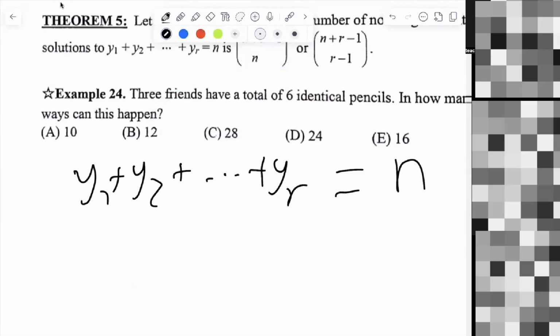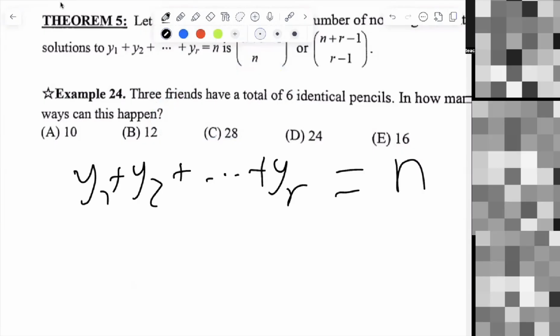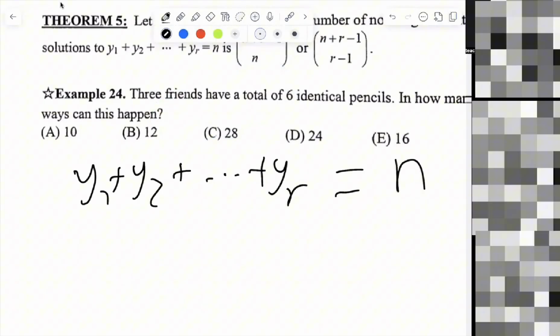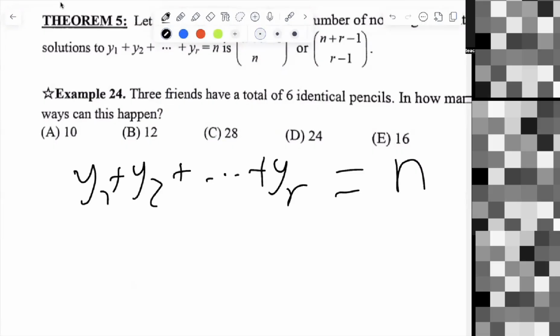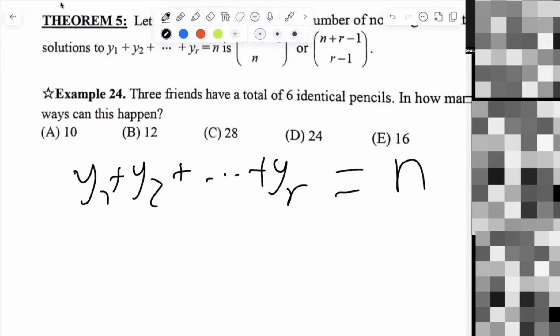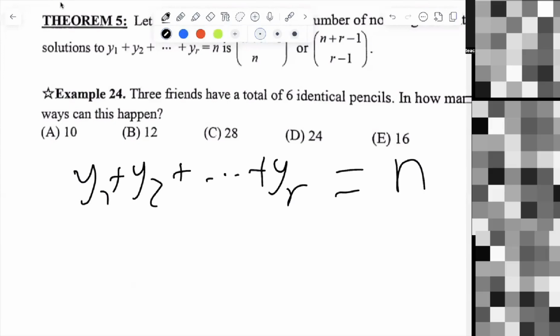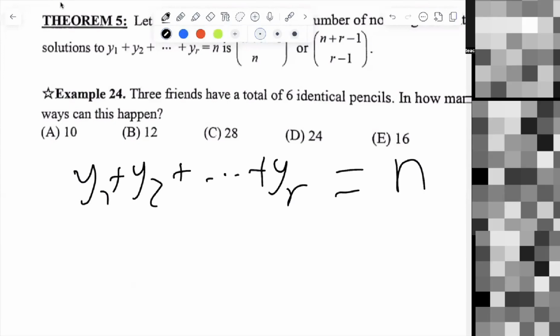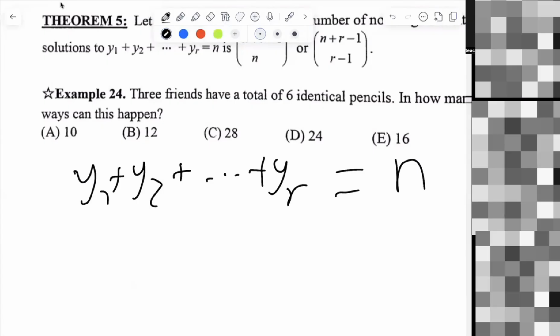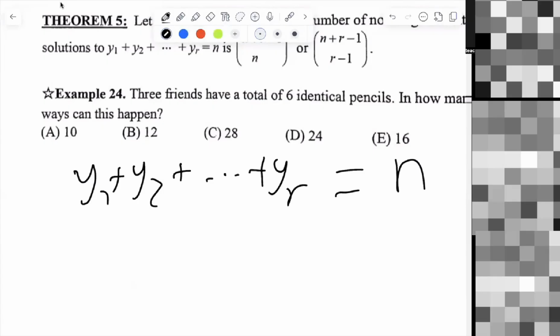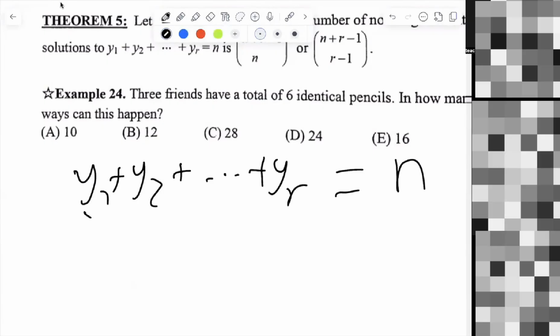Now notice that these are not necessarily positive. But how do we make sure that these variables are positive integers, strictly, not 0? Well, to get from 0 to a positive integer, you can just add 1. In this case, we're just going to also add 1. Alright, we're going to write the same exact sum.